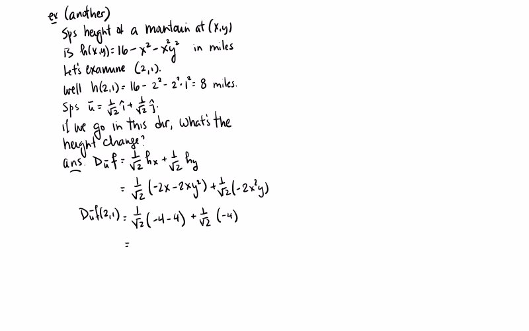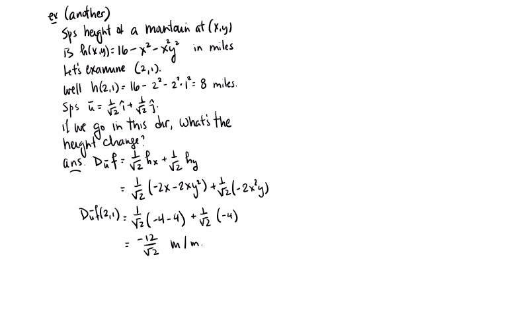So we get negative 8 minus 4, which is negative 12 over root 2. And this is meters per meter, which is a bit weird, but basically as we move in a horizontal direction a certain number of meters, we go down a certain number of meters. So it's a bit weird, but it kind of makes sense. So it's a decrease. We're moving away from the peak, we're going down, right?